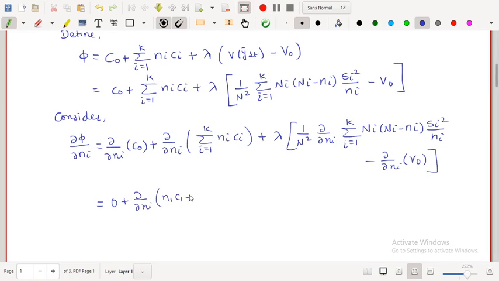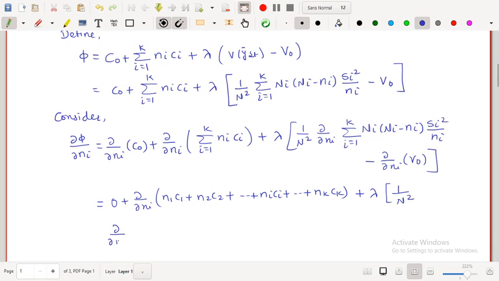So this will be N1 C1 plus N2 C2 plus up to Ni Ci and plus up to Nk Ck, plus lambda into 1 upon n square. Now we cannot directly take this inside this summation. First solve this summation.